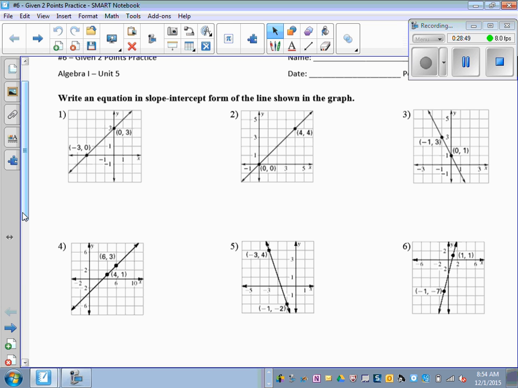But what could we do instead to make it easier on ourselves? I need my slope. Instead of solving for slope, what can I do? How else can I find my slope? We could use our equation, but what else could I do, Aubrey?